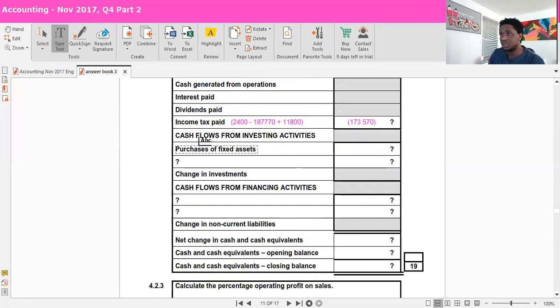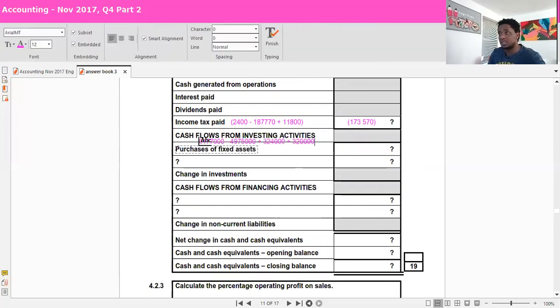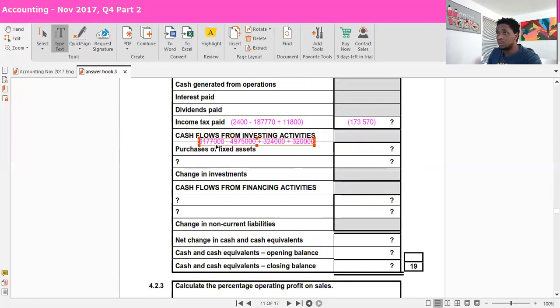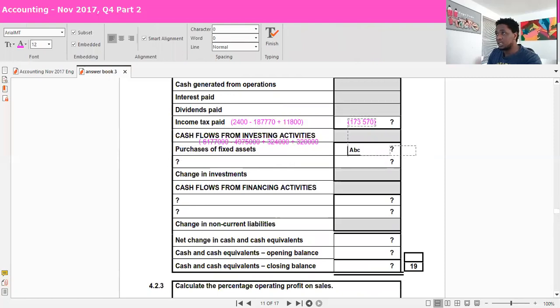So let's put the calculation here. It might be difficult, maybe there's just not enough space. Right, let's try. Yes, that is the calculation right there, and the answer at the end would then be 1,846,000.